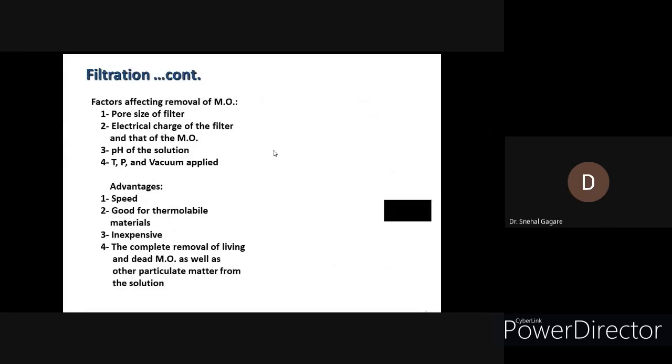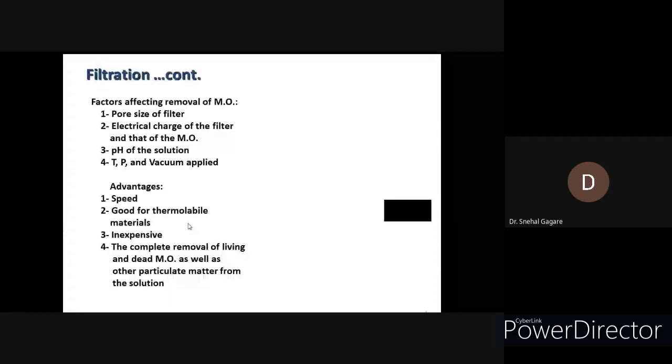Now what are the advantages of this filtration process? Speed, yes. If you're using the vacuum filtration process and the membrane filtration assembly, the speed is good, and you can obviously separate thermolabile components. It is inexpensive because a smaller amount of power is consumed as compared to the autoclave, right?